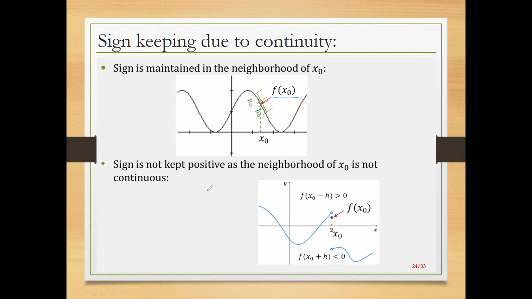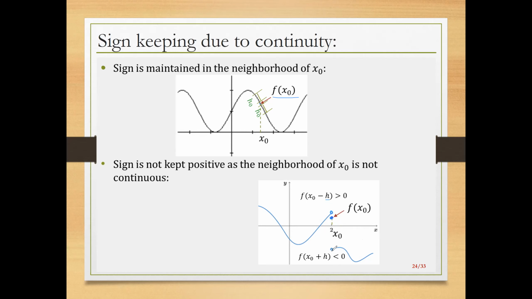But now let's see over here if this is true or not. If you have a discontinuous function as shown over here, and this blue point is my x naught, so the functional value is f of x naught. If I take the neighborhood of this point, that means I go h up and h down, this point would be positive because it lies within the radius h from x naught, and this point would be negative because it lies below the x axis.